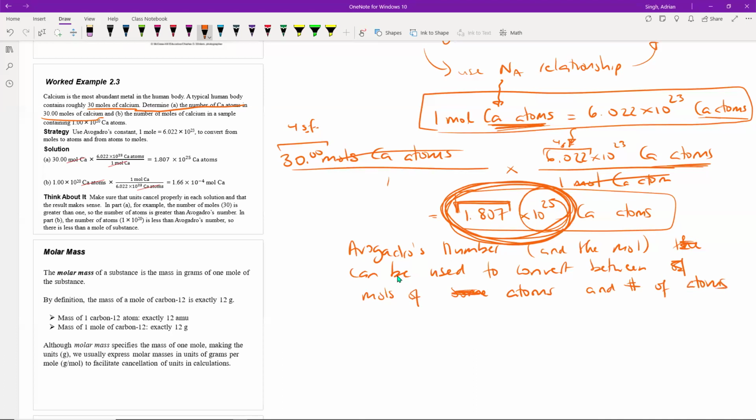So we can go back and forth between moles and number of atoms, depending on what we're given and then what we need to find.